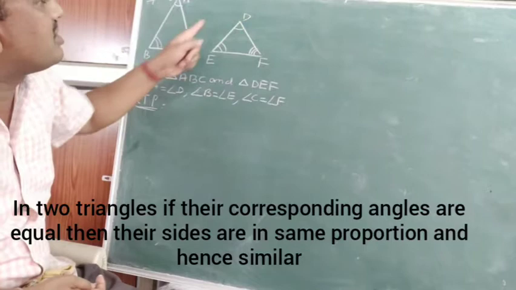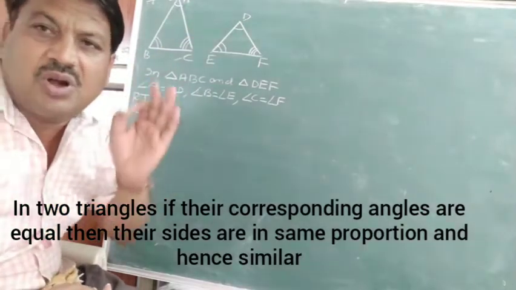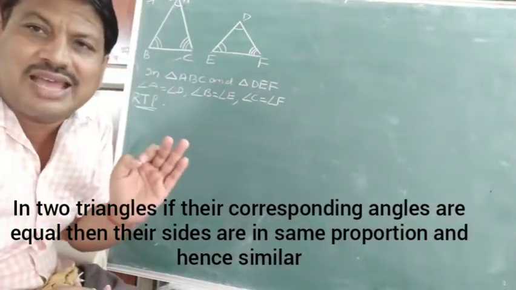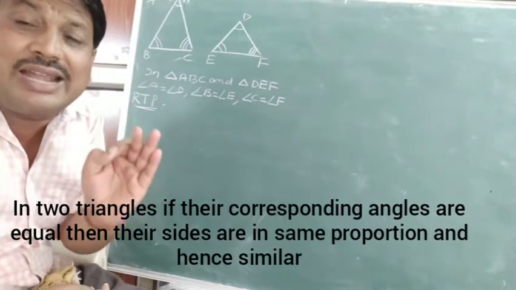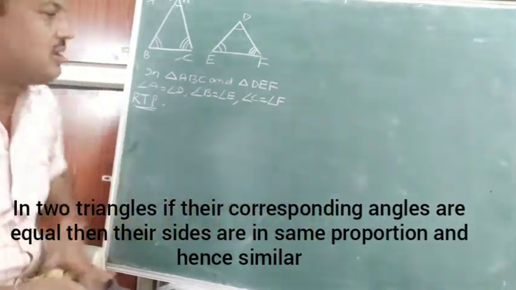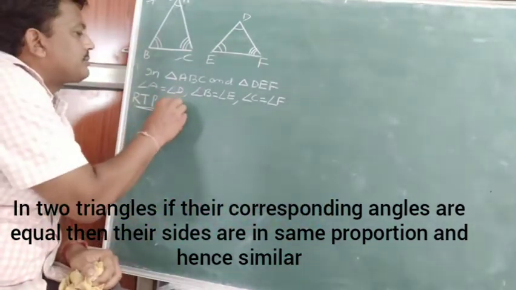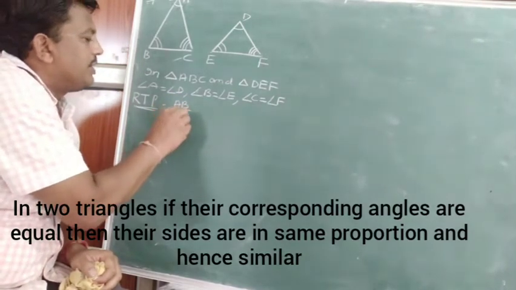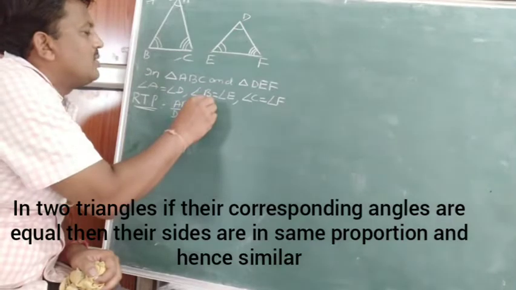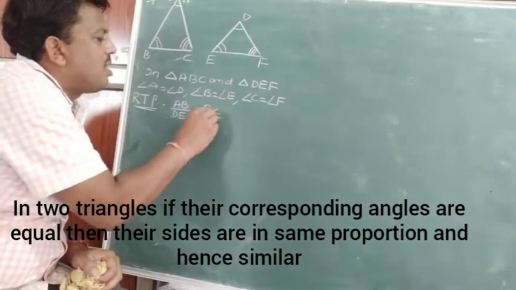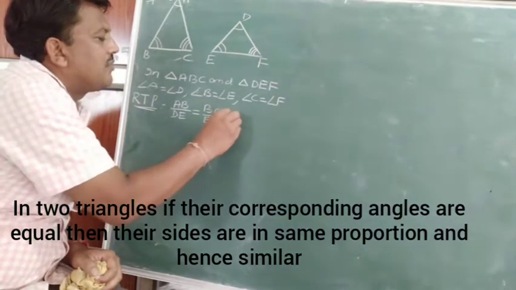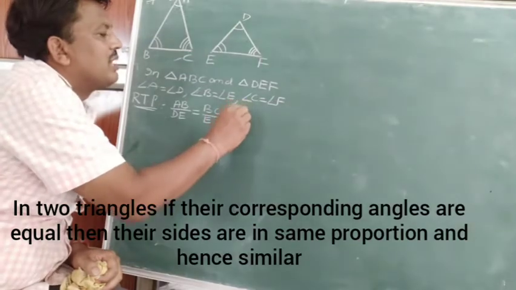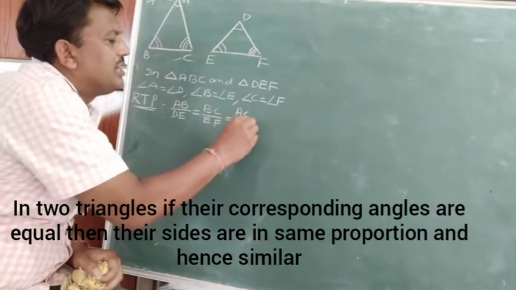So you should write AC by DF like that children. Because always when we take the sides, we should take the sides opposite to equal angles children. So let's write it. AB upon DE is equal to BC upon EF and that is equal to AC upon DF.